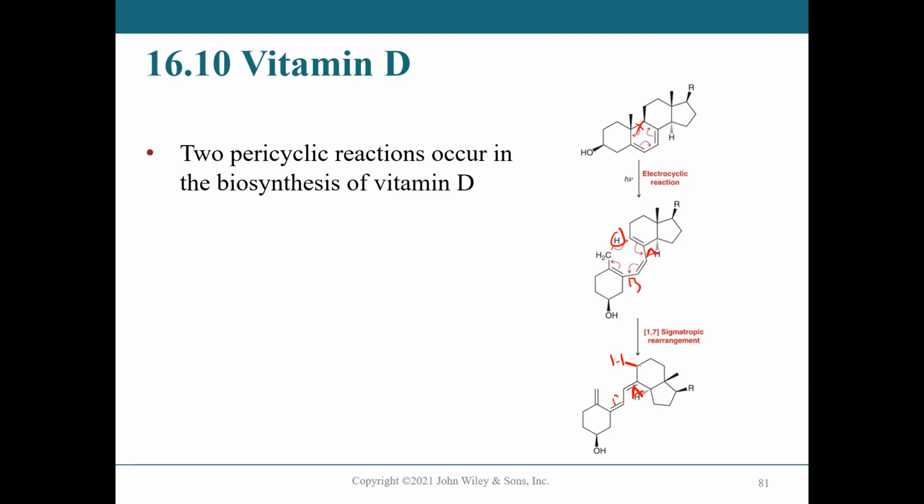This one will be B, and this one will be C. So it's a good idea to just map it out to see how the electrons are moving.